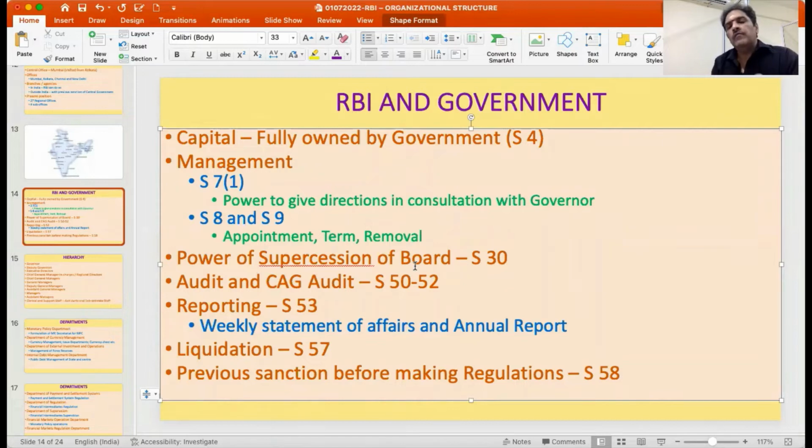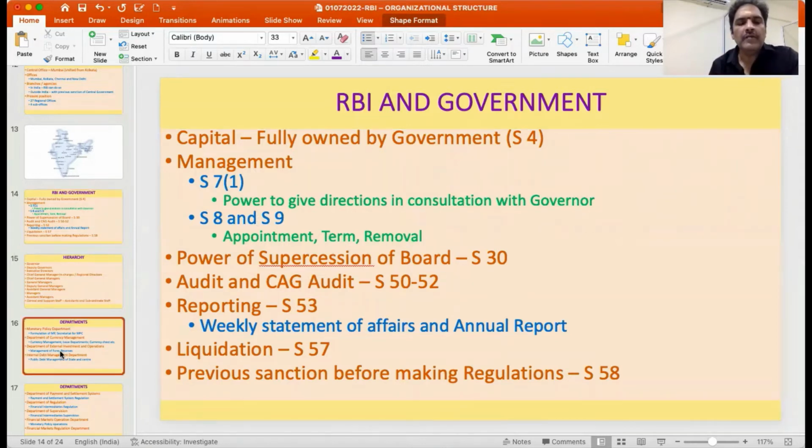So the role of Reserve Bank and central government is that it is important that the central Reserve Bank should be independent, but still it is under the control of central government for various purposes, and the ideal way of operation is for Reserve Bank and the central government to operate in a coordinated manner and ensure that the economy and the country progresses. And that is how by and large it has happened.